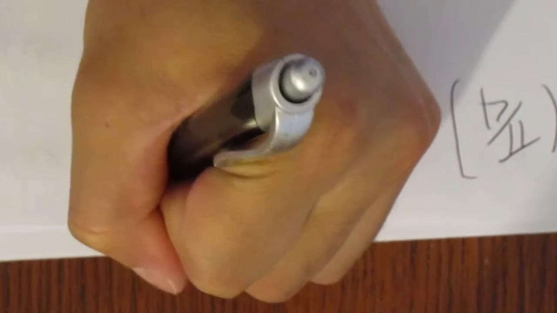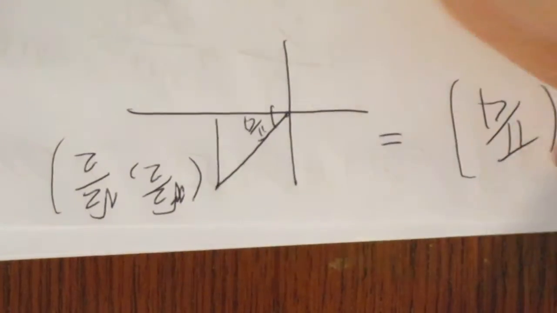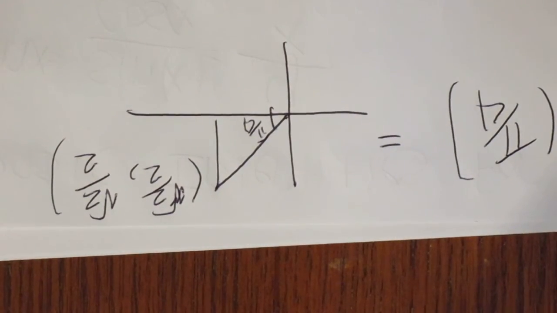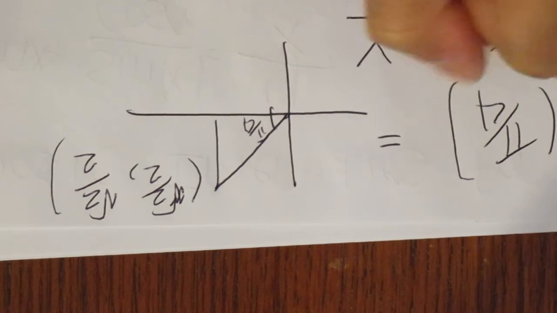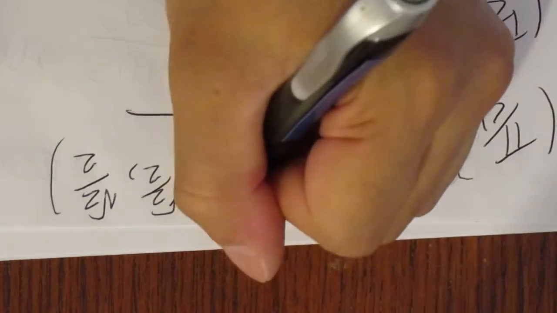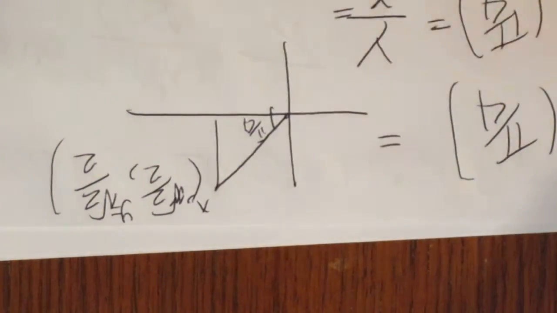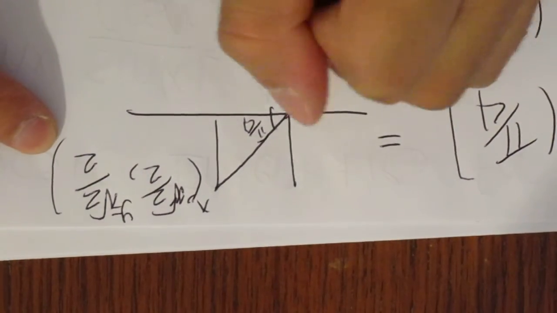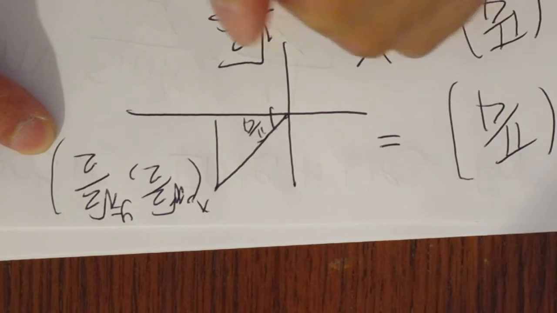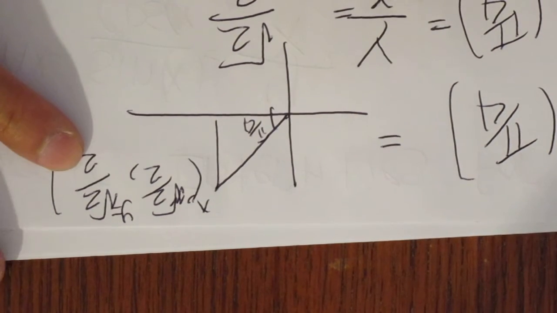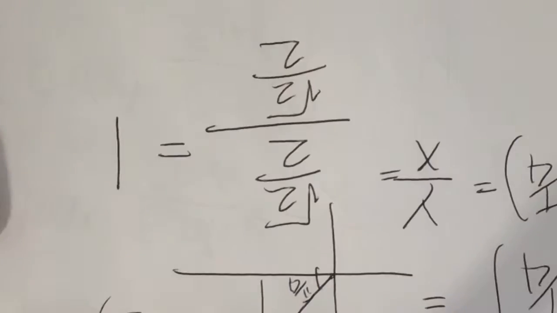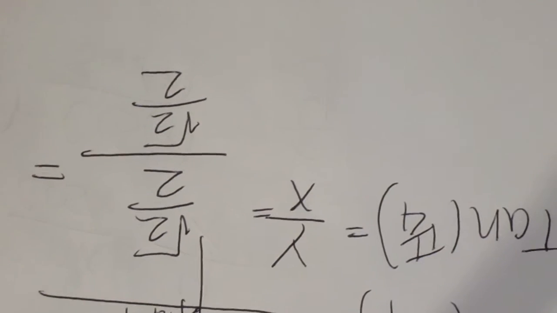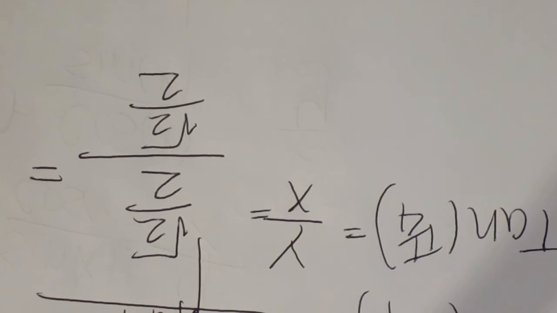Tangent of pi over 4 is y over x. So y is square root of 2 over 2, divided by x, square root of 2 over 2, which gives you 1. So you know what tangent is.